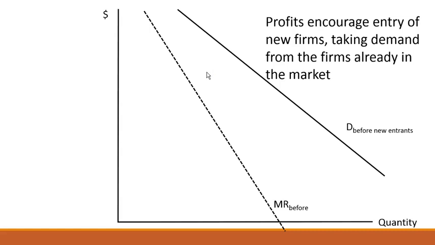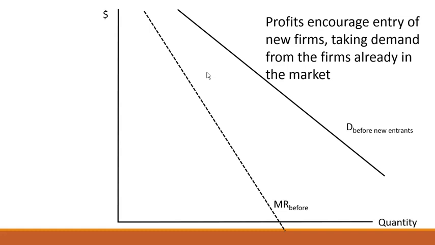If new firms come into this market, of course, what's going to happen is that demand in the market is going to be shared by a greater number of firms. So if we look at the situation from the point of view of this one firm that we're looking at, its demand is going to be reduced. And it's going to be reduced really for two reasons. One is that, of course, there are more firms in the market, so there's more substitutes, but some of those substitutes could also be closer substitutes than existed before.